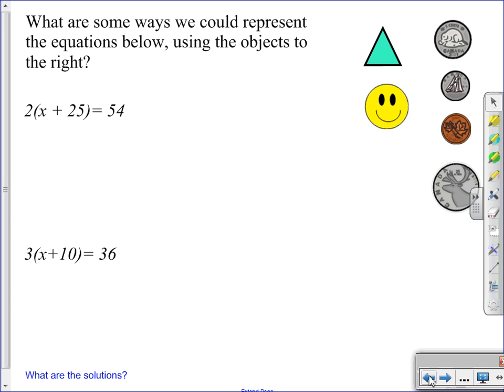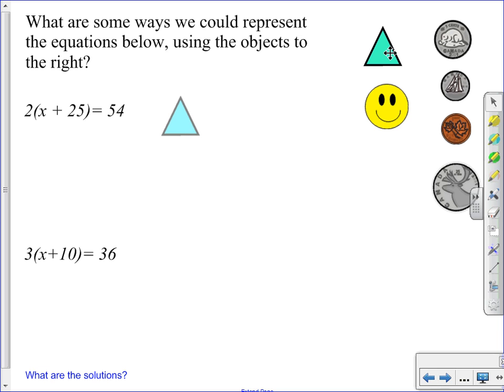So let's take a look at another situation where I think you might already know the answer. If the total is 54 cents, and there's two groups of something plus 25, do you know what the answer is? Again, I think some of you can think about that in your head, and you'll say, I think I know the answer. And there's a logical progression there. I'm going to represent it with figures.